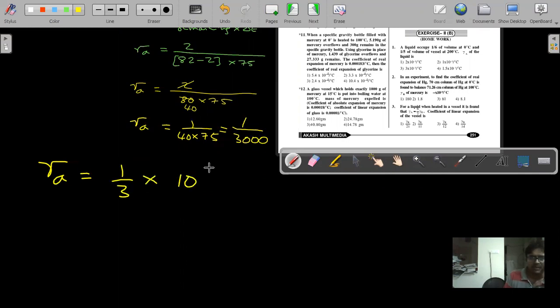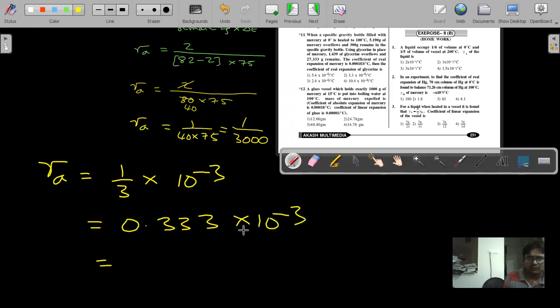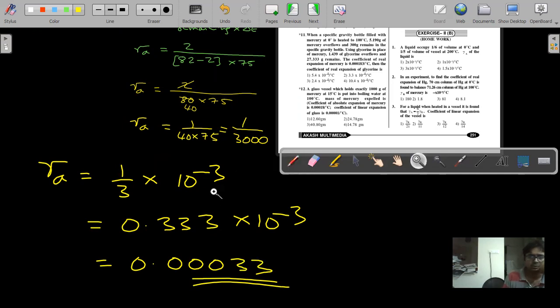With 1000 it comes up as 10 power minus 3. 1 by 3 is nothing but 0.333 into 10 power minus 3. So if I substitute 10 power minus 3 also here, can I write 0.00033? Is it clear? Yes, sir.